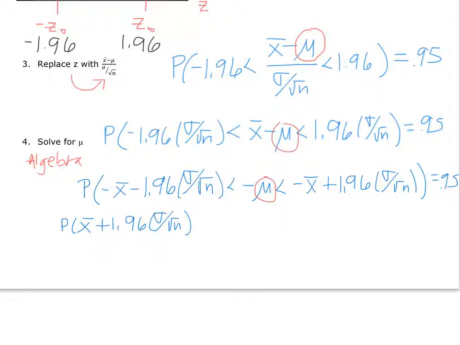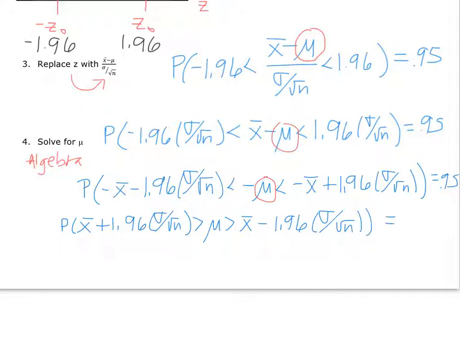Now maybe you're remembering that when you have an inequality and you multiply by a negative, you flip or reverse the inequality. So this becomes a greater than. If we multiply negative mu by a negative, we get our positive mu. And then we have another inequality. We're multiplying by a negative, so we reverse that. And then that becomes positive x bar and then minus 1.96 times sigma over square root n.